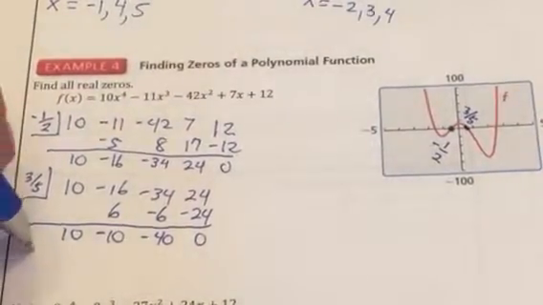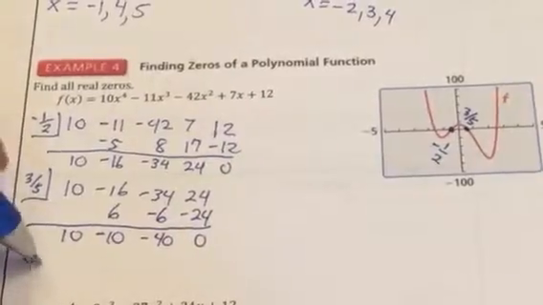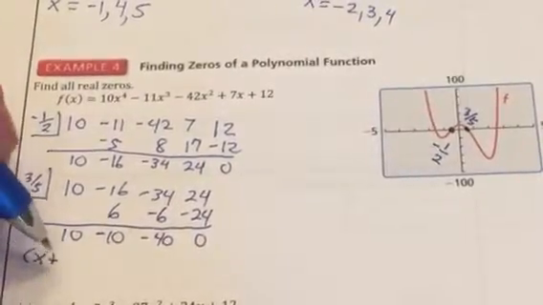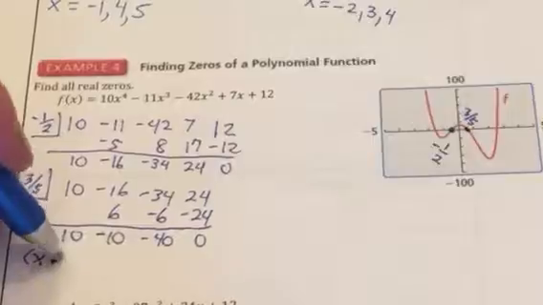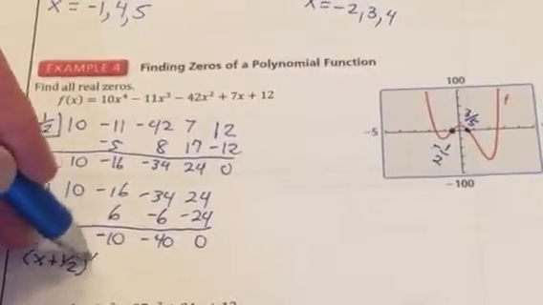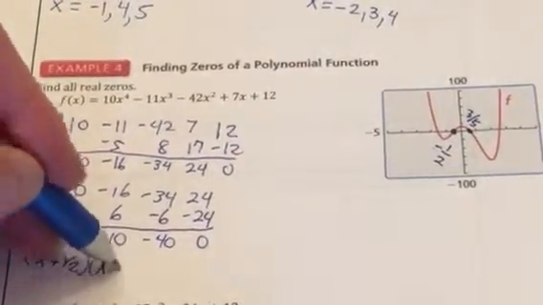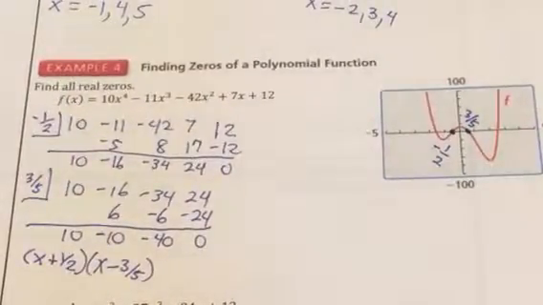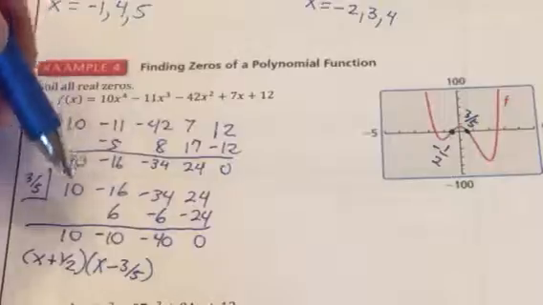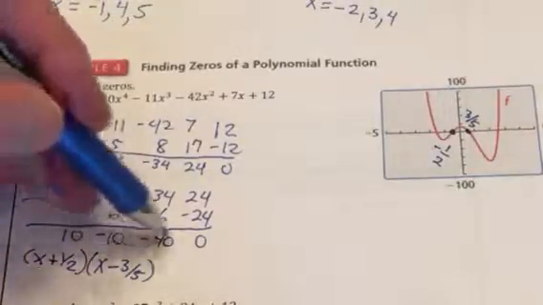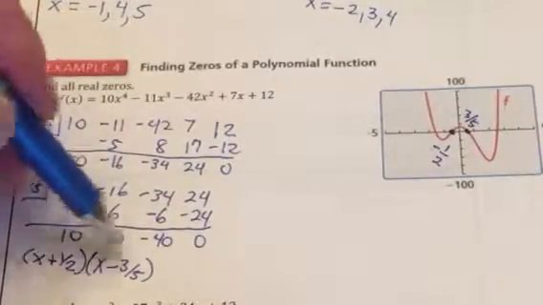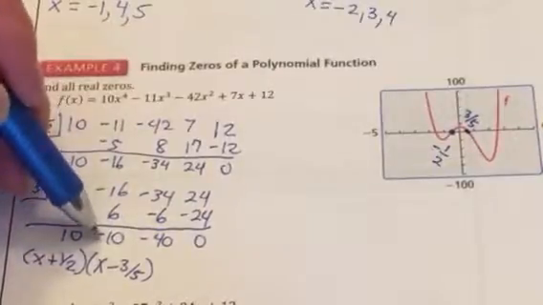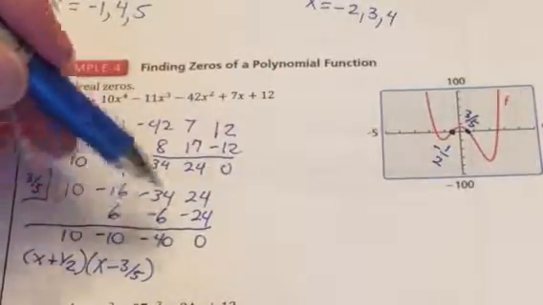Okay, so now what we know is that x plus 1/2 is a factor. x minus 3/5 is a factor. And these three, that's representing 10x squared minus 10x minus 40.